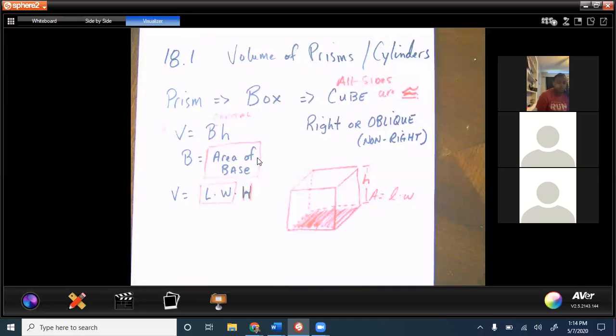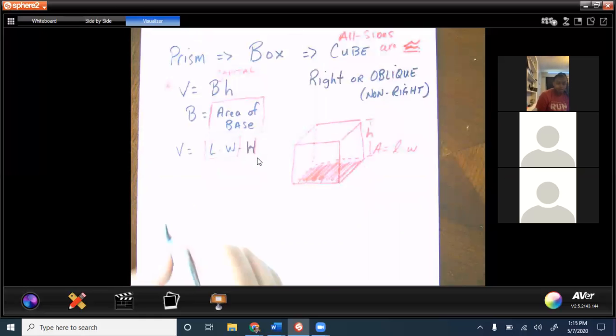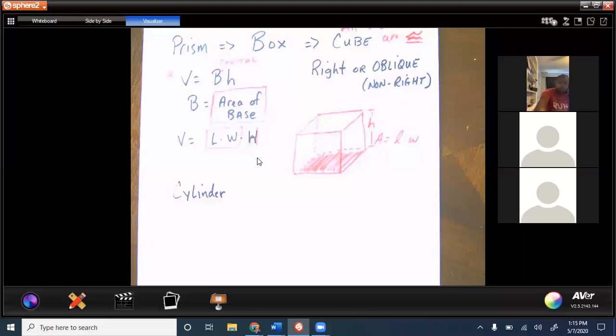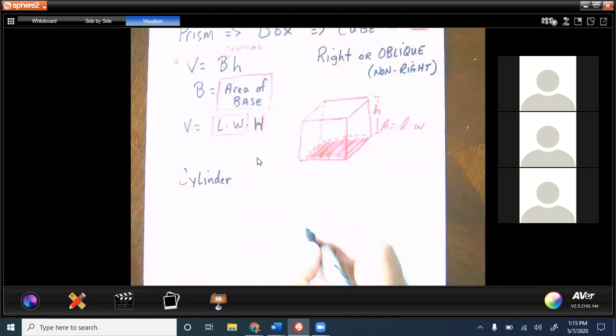It can be also used when we're talking about a cylinder. Okay, so a cylinder is, maybe it looks something like this.